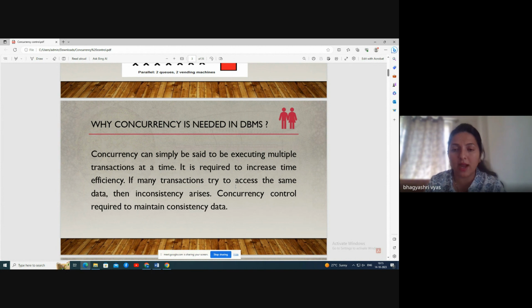As we know about e-commerce websites, can I say that concurrency control is happening in an e-commerce website at the backend level? That's why we can order so many things at a single time. Yes or no? The real time example for concurrency control is an e-commerce website. Can I say that? Yes or no, students?